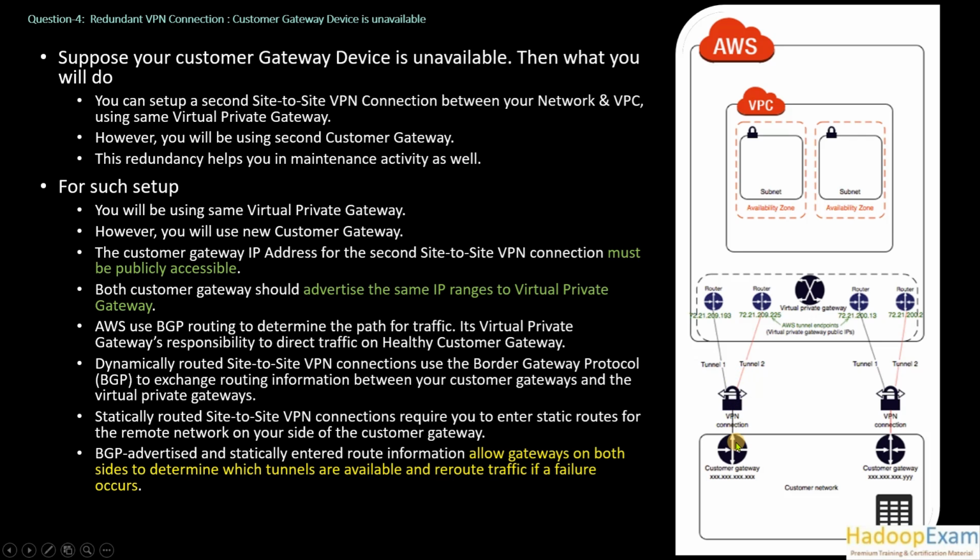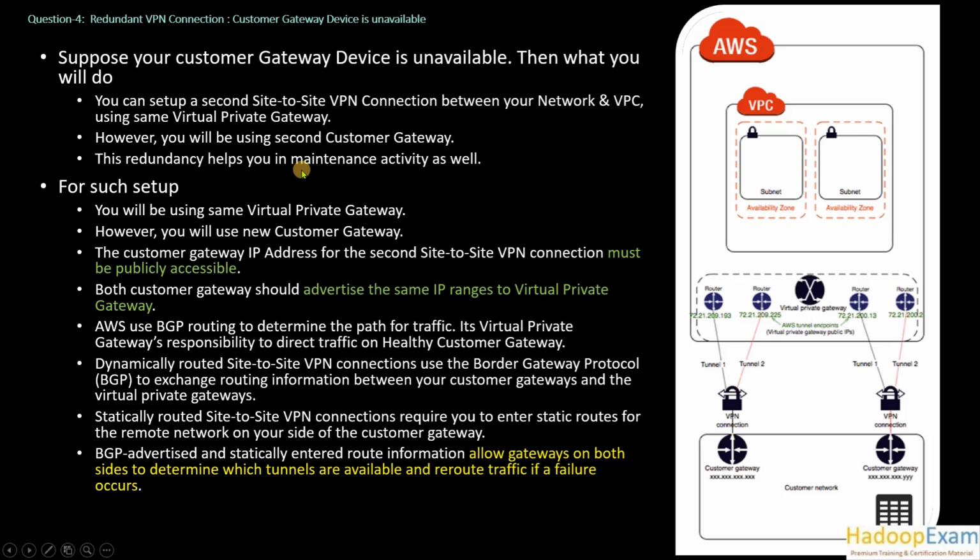When you set up a second customer gateway, it should use the same virtual private gateway. On the AWS VPC side, only one virtual private gateway would be used. You don't need two virtual private gateways. You should have only and only one virtual private gateway. However, you will be using a second customer gateway.